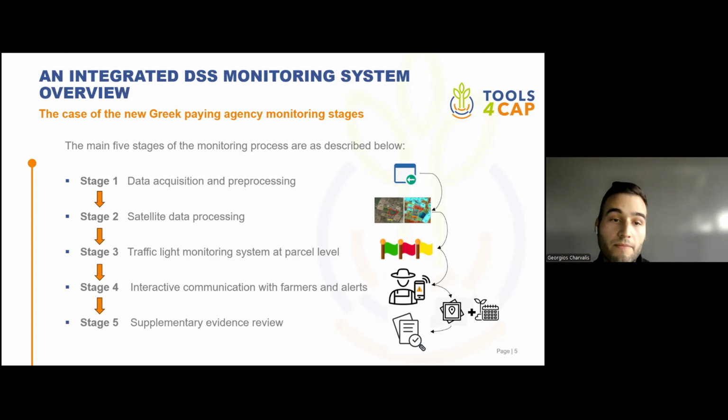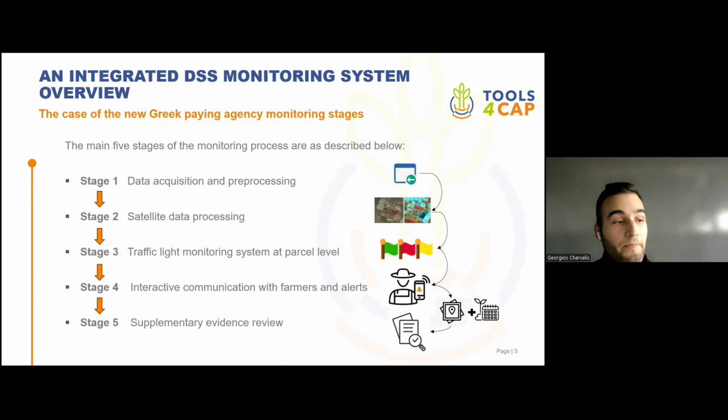When those pre-checks have been processed, then the second stage, the satellite data processing, happens, when homogeneity markers and specific satellite data are processed into variables per parcel, in order to assess them individually and to correlate the activity captured by the satellite data with the farmer declaration.